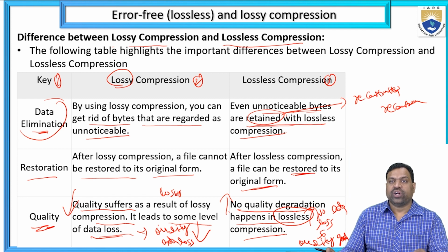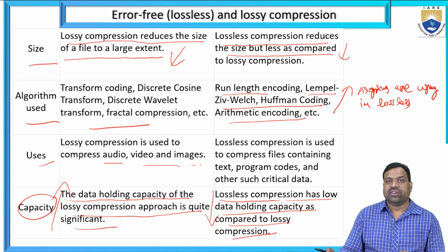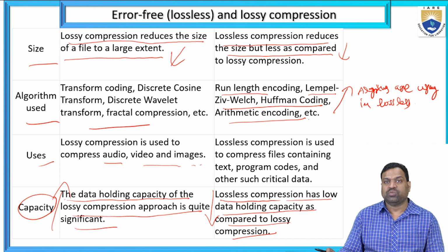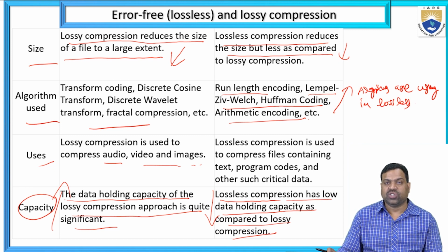And what about the quality? If there is loss of information, the quality is low compared to lossless. Lossless quality of image is good compared to lossy. And the size: the size will be reduced in lossy because data loss will be there in the original image. In lossless, the size is normal, and we have a change possibility.